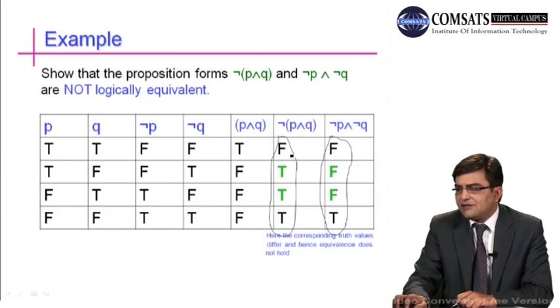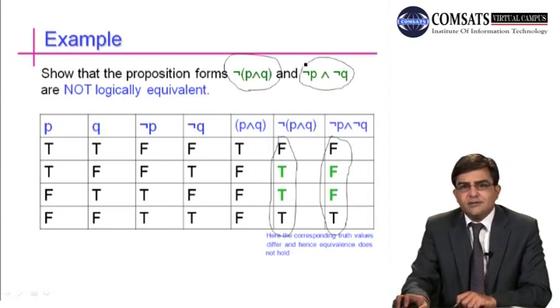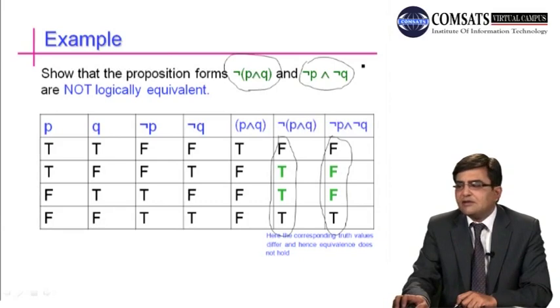We can see that in the first row we have the same truth values, but in the second and third rows the truth values are not identical. Therefore, the two compound propositions given here are not logically equivalent. So we have proved in this example that the two compound propositions are not logically equivalent.